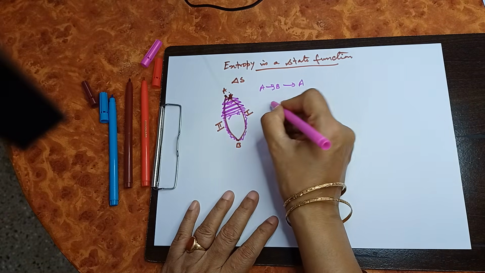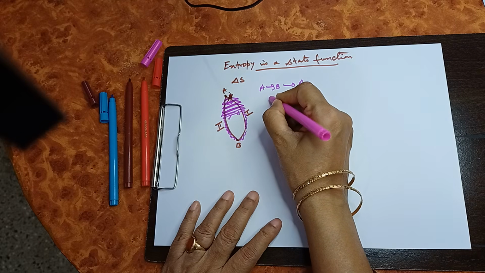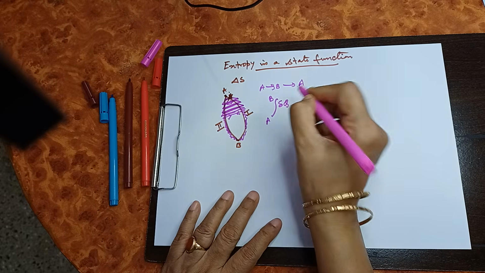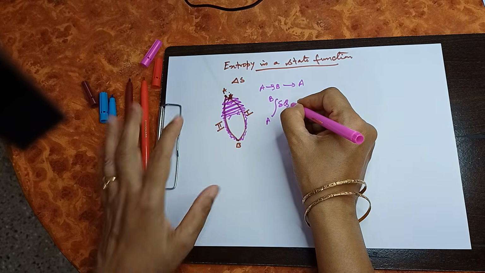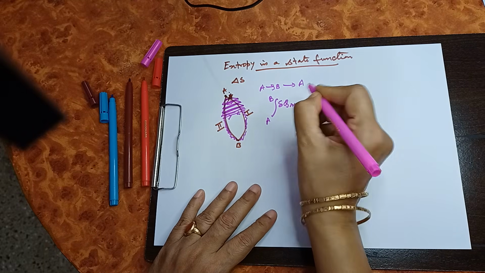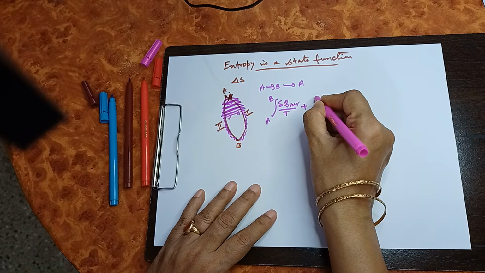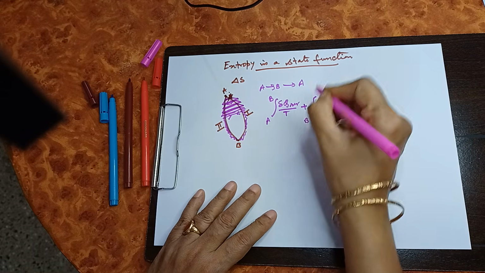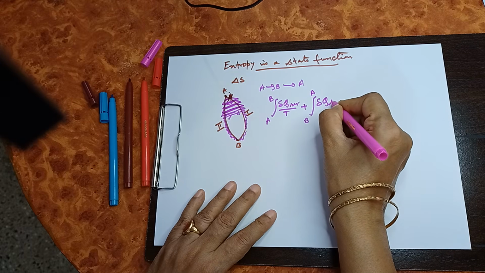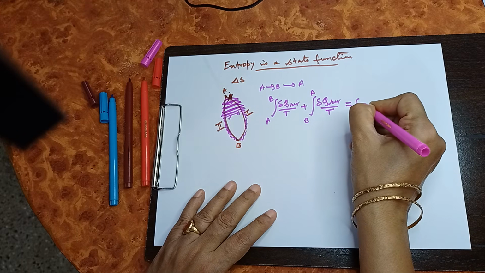So we can write this path, that is integration of A to B, del Q reversible by T, plus integration of B to A, again del Q reversible by T, that is equal to 0, because in the Carnot cycle all the paths are reversible.